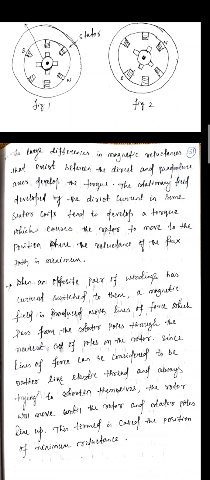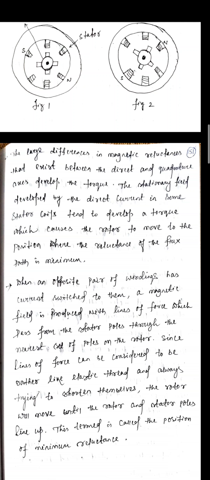The large differences in magnetic reluctances that exist between the direct and quadrature axes develop the torque. The stationary field developed by the direct current in some stator coils tends to develop a torque which causes the rotor to move to the position where the reluctance of the flux path is minimum.